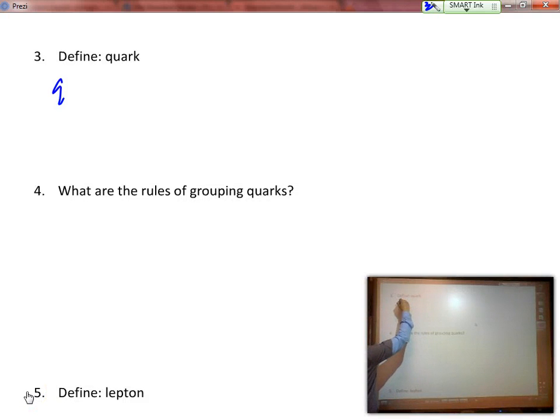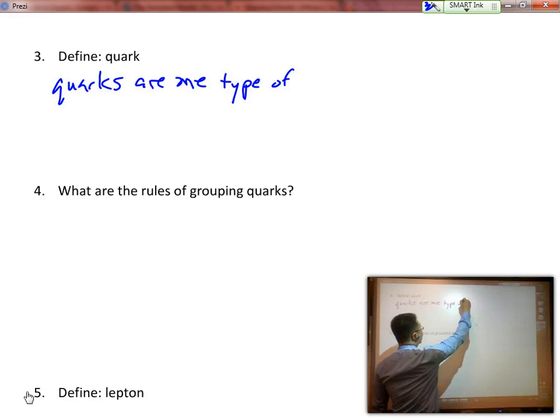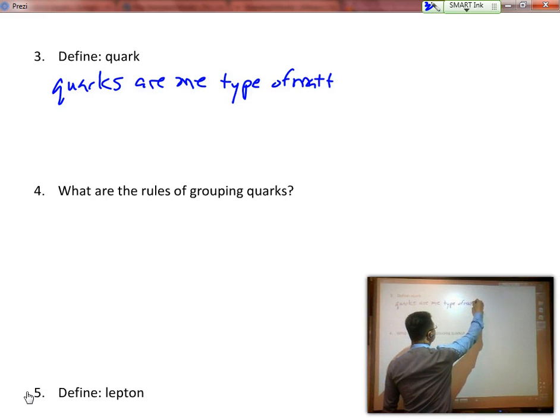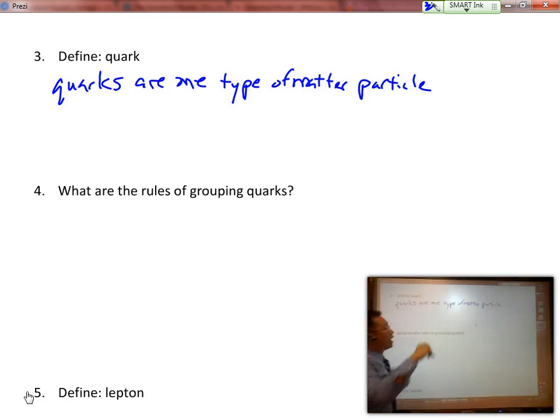Quarks are really just one type of matter particle, and what's interesting about them is that they're always found in groups.